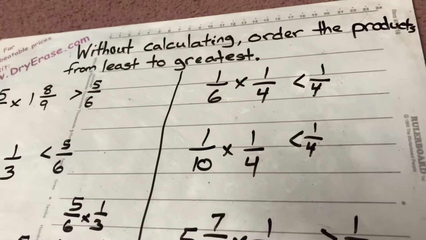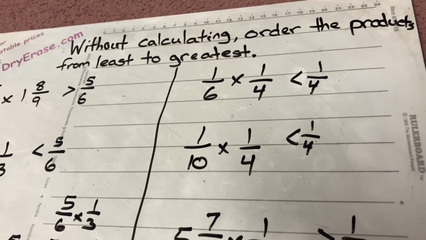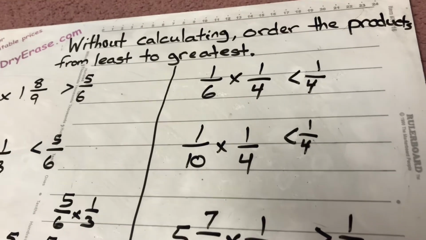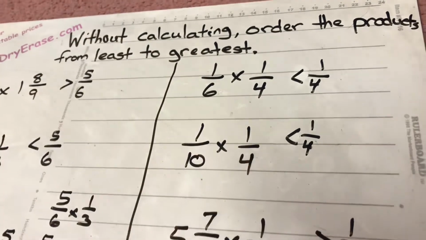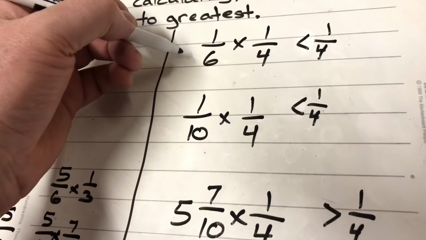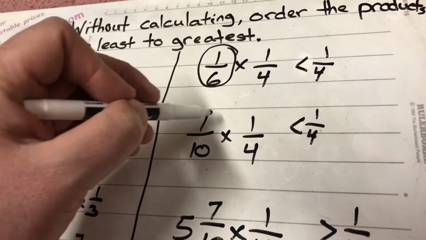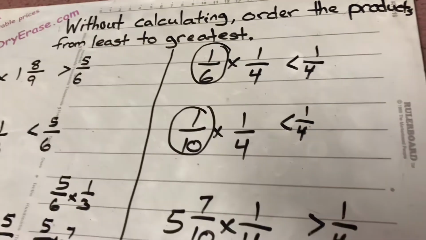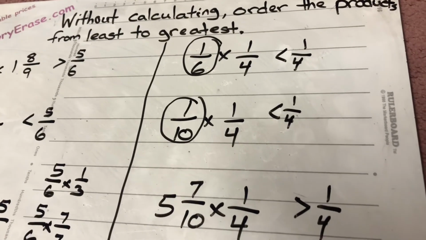Okay, so anyway, back to my original question though. How do I take that situation now and figure out which one of these is actually smaller? What I'm going to need to do is compare 1 over 6 and 1 over 10. I need to figure out which one is bigger. The one that is bigger will give me a bigger answer.